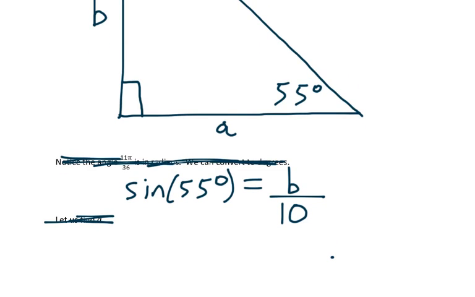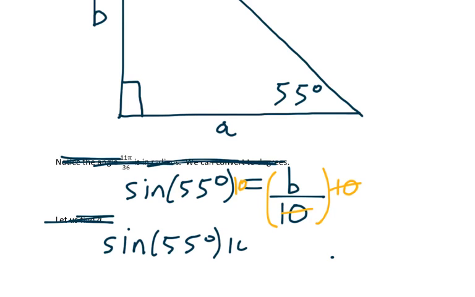Good. Now we're ready to figure out what b is. Just like in the other example, just like when finding a, really all we have to do is multiply both sides by 10. Okay, and that's good because we want to get b. So these are going to cancel. And we get from here, sine of 55 degrees times 10 is b.